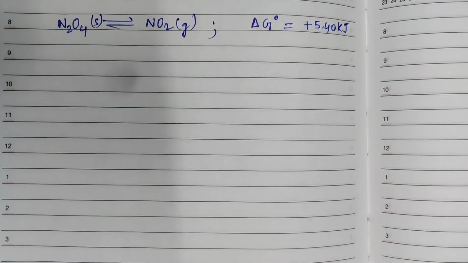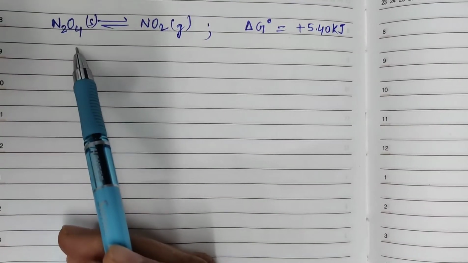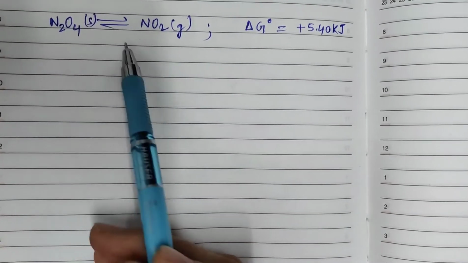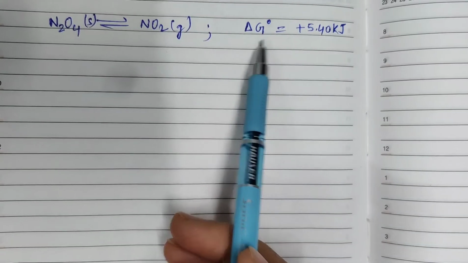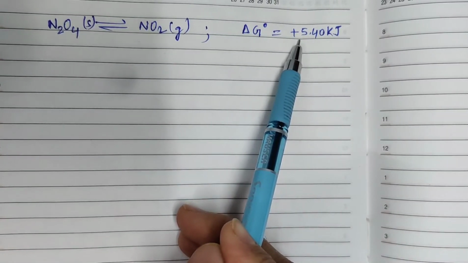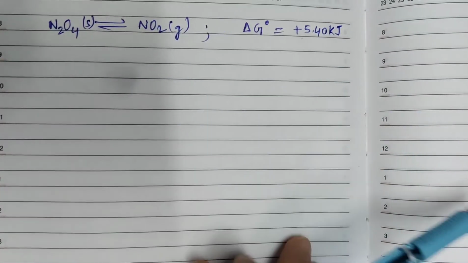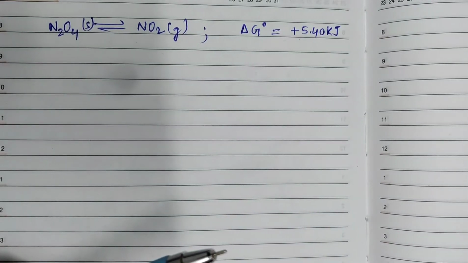My example is this reaction, the conversion of N2O4 into NO2. The standard value of delta G is plus 5.40 kilojoules. That means it's an endothermic reaction, or you can say it's a non-spontaneous reaction.